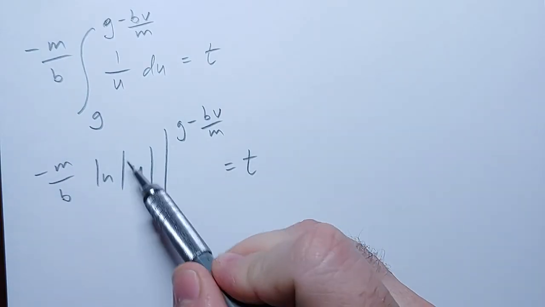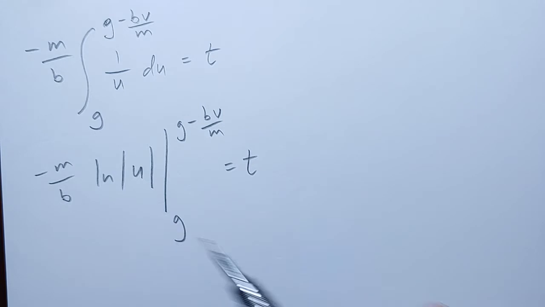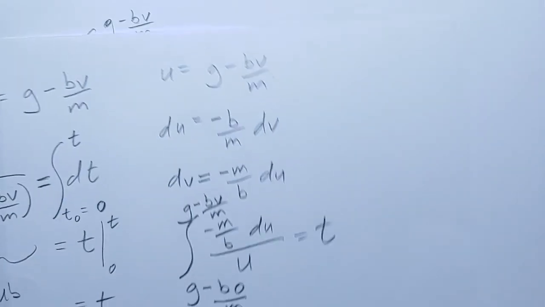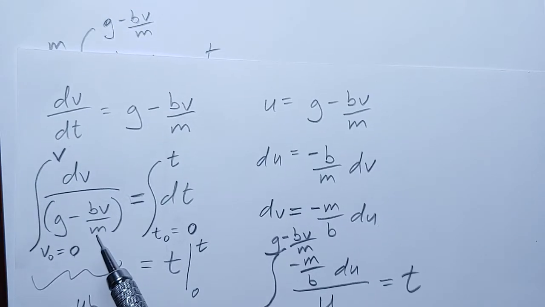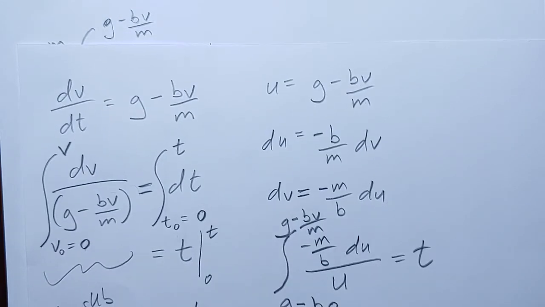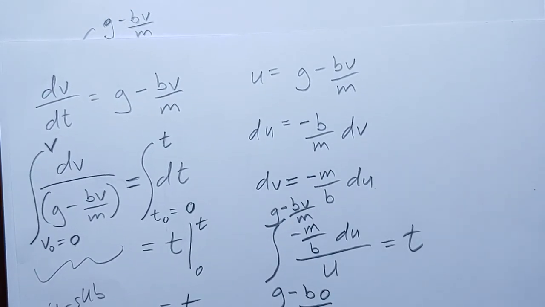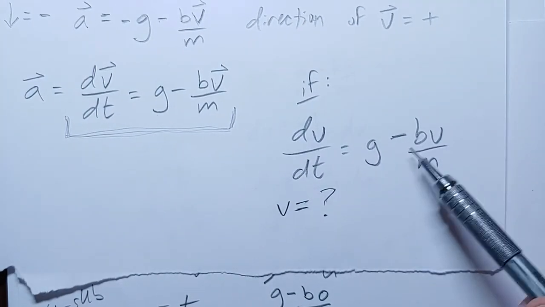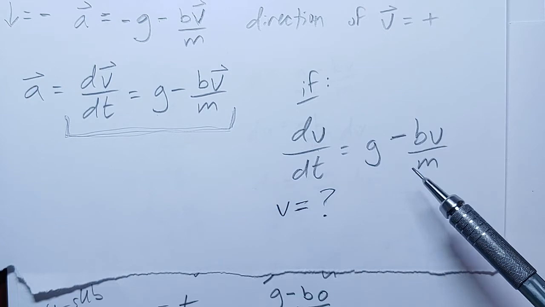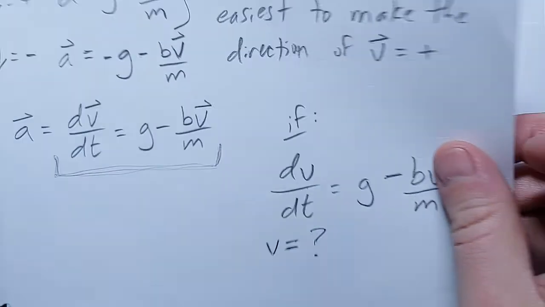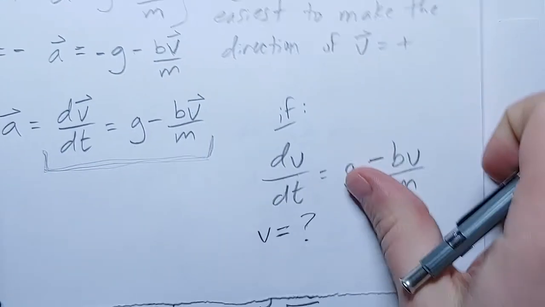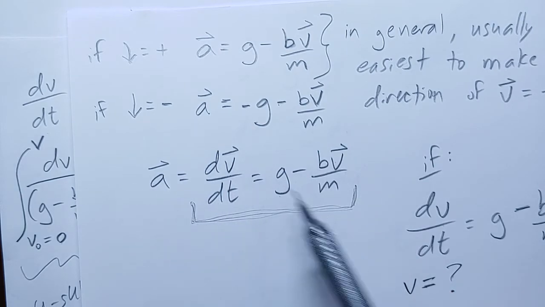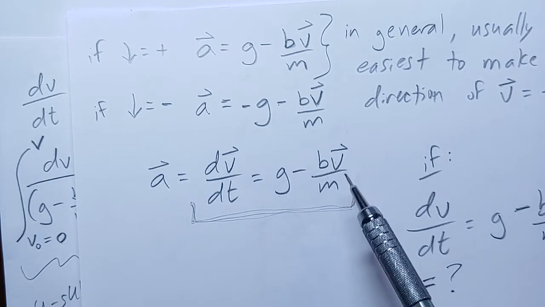I got an absolute value in here, which I don't like, but you'll notice our u term here, this g minus bv over m, the way we set that up, is always going to be positive. That's just the acceleration, which makes sense.